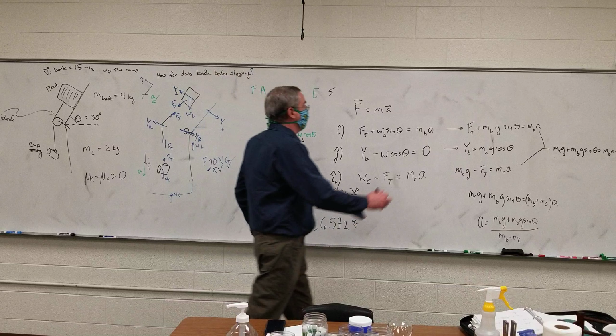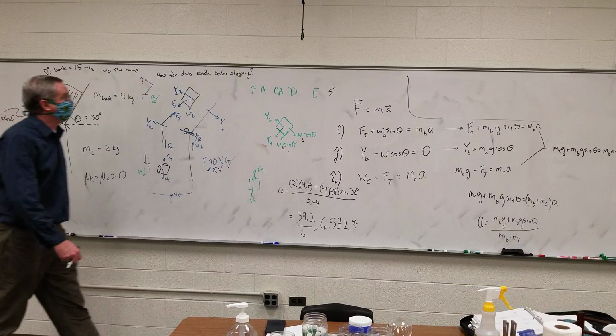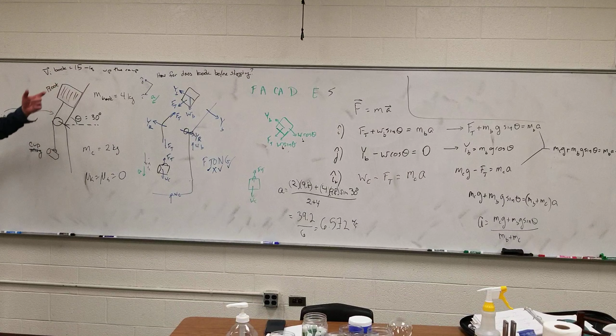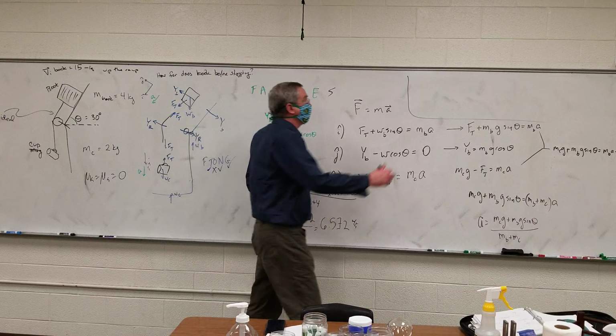All right, so now we get to the linear motion problem. How far does the book go before stopping? We can change our coordinate system to up the ramp being positive if we want, or we can still make down positive. Doesn't matter. Let's just make down positive because that's where we are already.